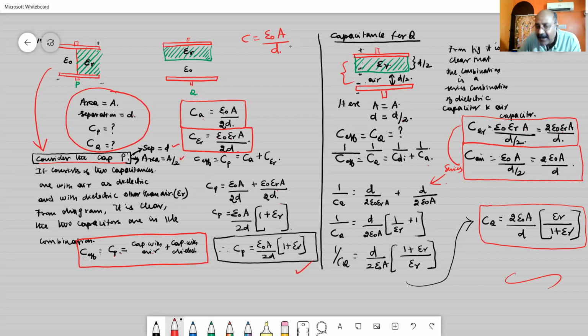Substitute and simplify. Finally, you get the capacitance for Q as 2 epsilon 0 A divided by D into epsilon R by 1 plus epsilon R.